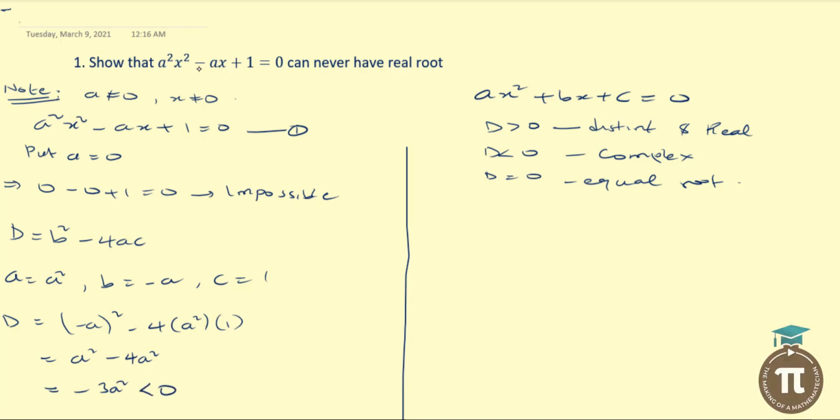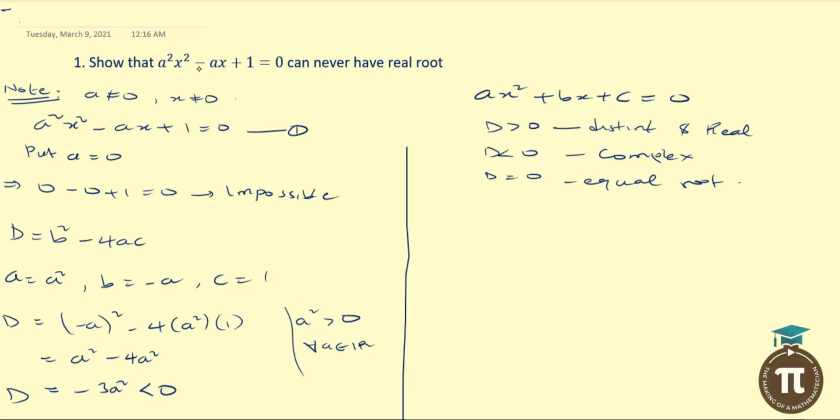Why? Because a² is always greater than or equal to 0 for all a in R, but when a is different from 0, it will only be equal to 0 when a is 0. So when you multiply negative 3 with a², it becomes less than 0.